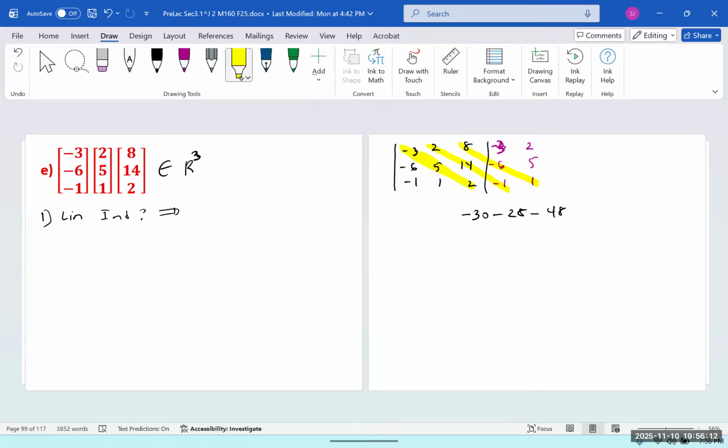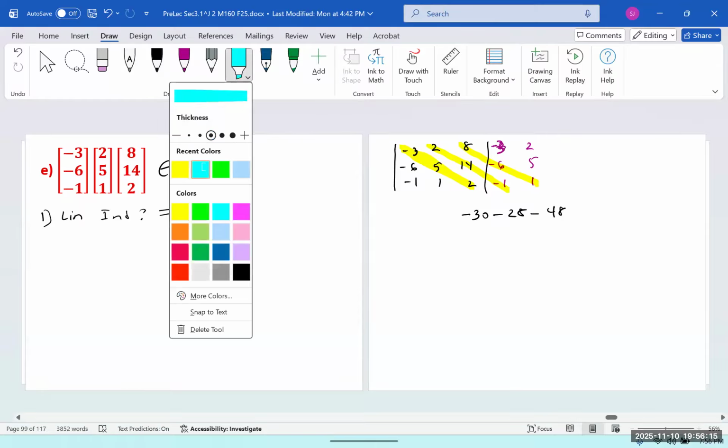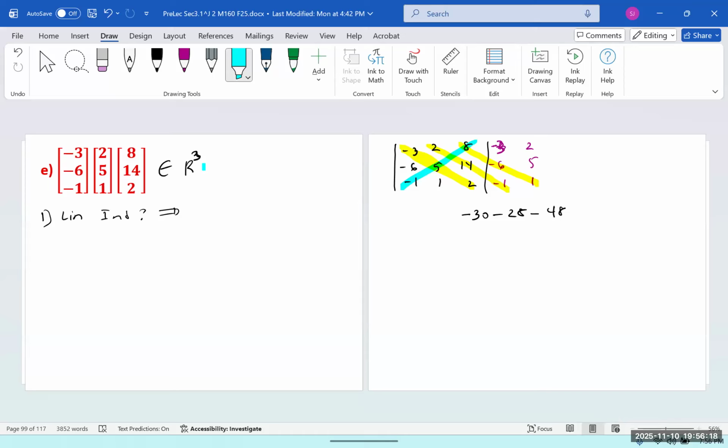And then you're going to subtract the left diagonals. The first left diagonal: 8 times 5 times -1, which is -40. Then the next diagonal is -3 times 14 times 1, which is -42. And we are subtracting, so is it positive 42 or negative 42? Negative.